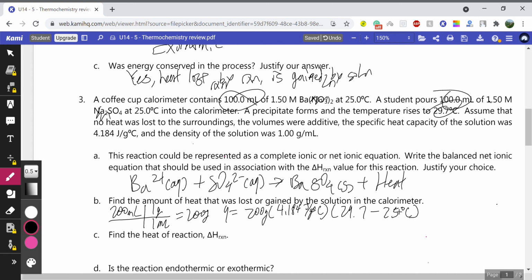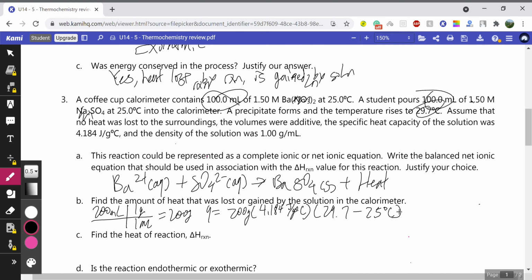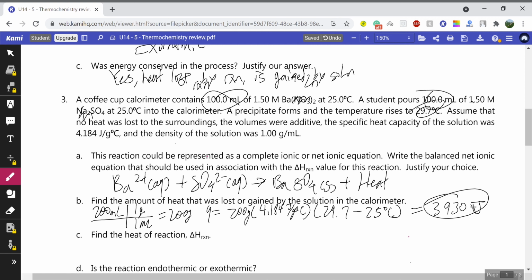Now if we do all of that, 200 times 4.184 times 29.7 minus 25, we get 3,930 joules, rounded. And this is the amount of heat that was lost. Heat lost, because again, our temperature increased.